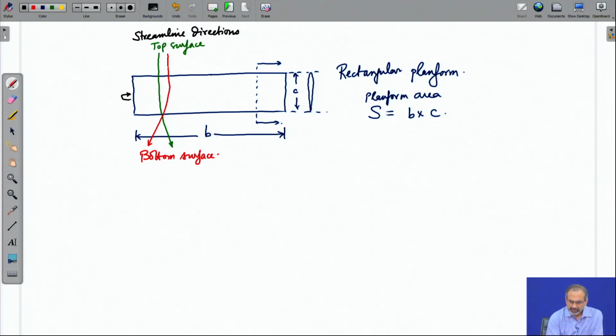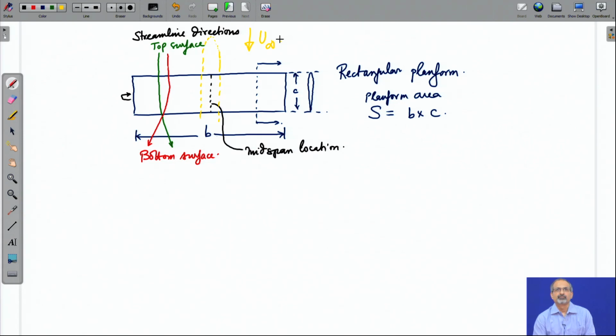This is typically the mid-span location of the wing, and if you mount this wing on an aircraft fuselage, the fuselage of the aircraft will come somewhere here, and the nose of the aircraft will be upstream. We assume that the flow is moving from top towards the bottom.